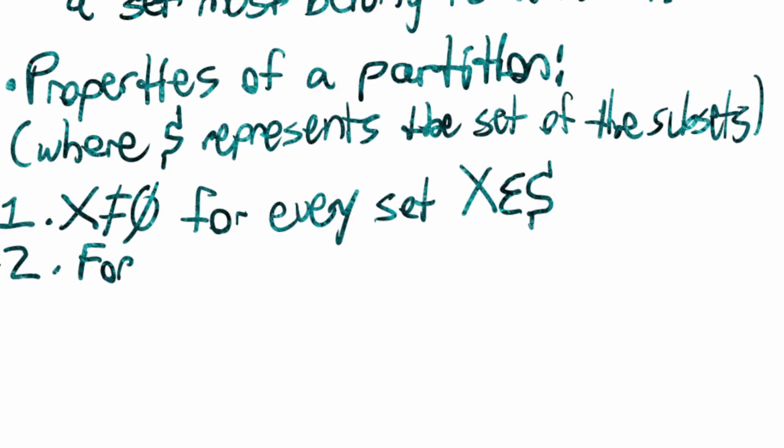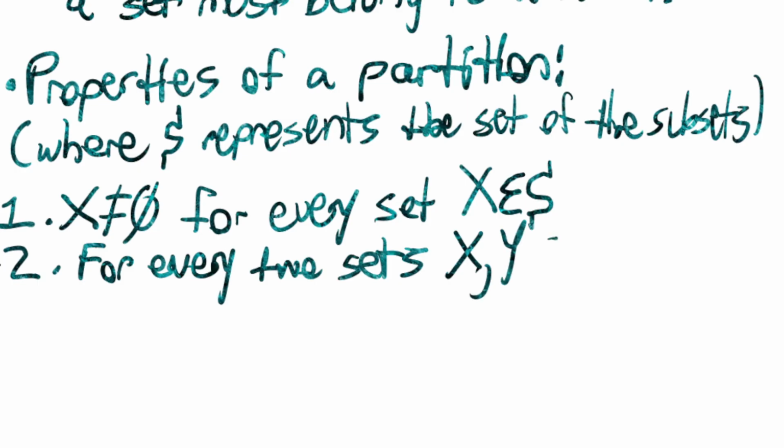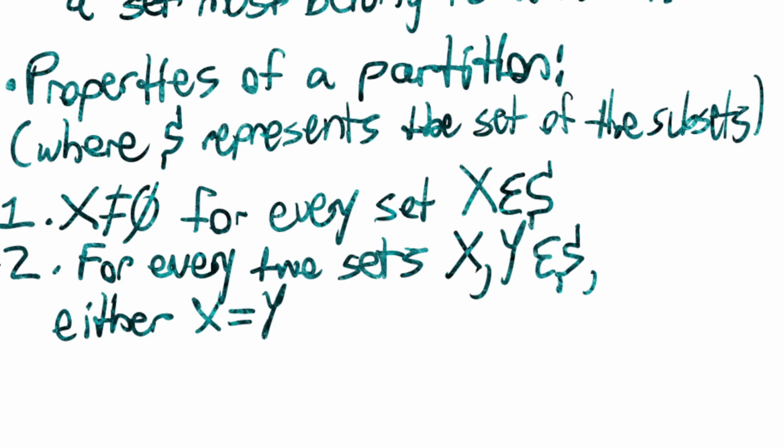Second property is for every two sets X, Y as an element of the set S, either X must be equal to Y or X intersection Y must be equal to the empty set.